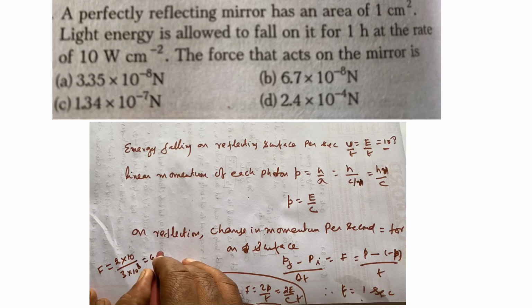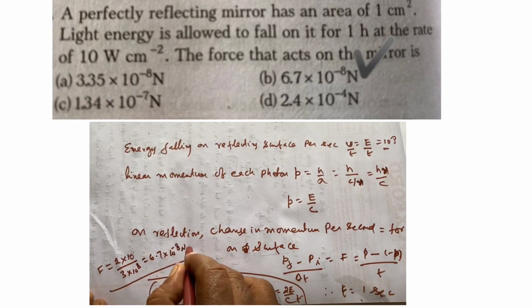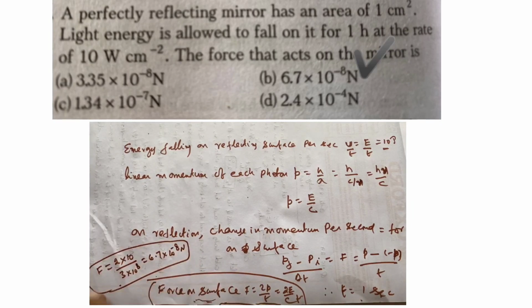The answer is 6.7 into 10 to the power of minus 8 newtons. This is the force formula, 2E by c, with E by t equal to 10 joules. So we can substitute all the values to get the force on the reflecting surface.